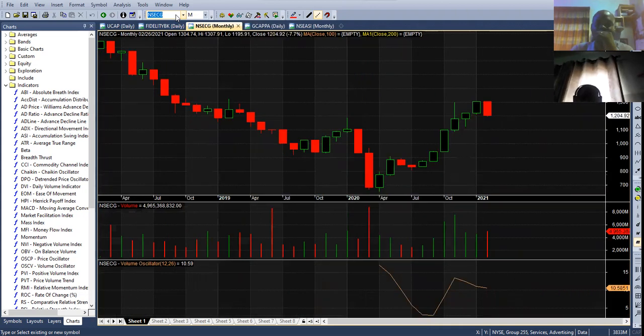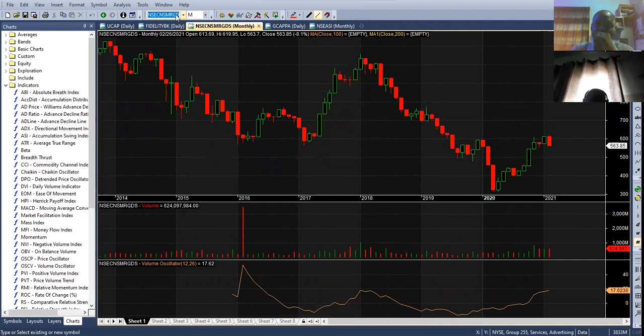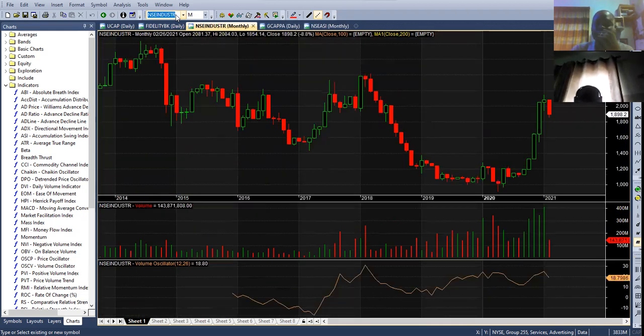Top down. Let's go to the consumer goods. Same thing. Now, let's look at the industrial goods. Definitely same, but the volume was low. This chart now, is it the monthly chart? Yeah, the monthly chart. We're looking at the monthly chart because the trading month ended on Friday, the 25th or 26th.